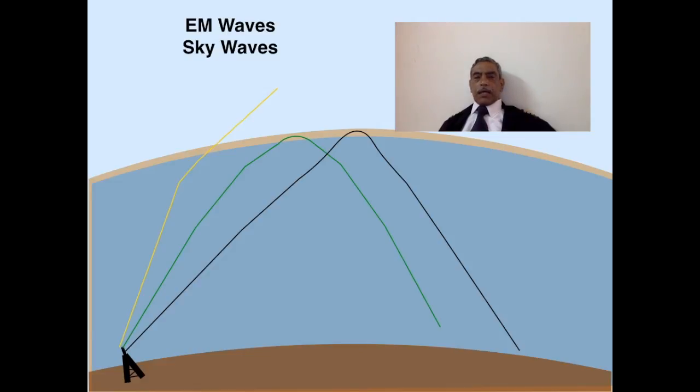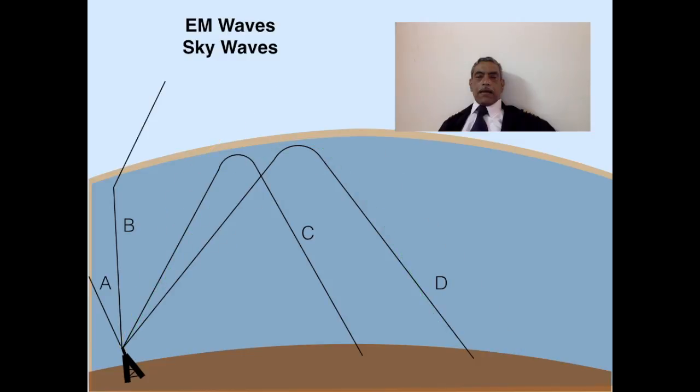Now, let's see what actually happens. Let's start with this wave named A, which is normal to the aerial, absolutely normal. That means straight vertical to the aerial, and so it will surely escape.